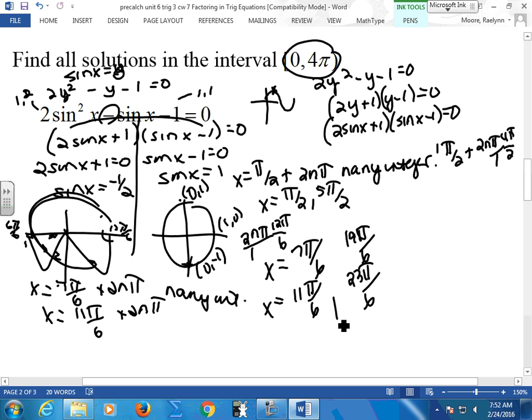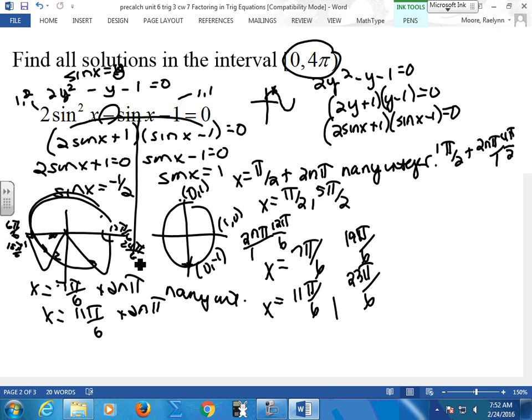Because we need to go from 0 to 4 pi. Now, could I do this without that? Sure I could. If this is 0, this is 6, this is 12, what is this guy over here? 18 pi. What is this guy over here? 24 pi. So can I do 1 more is 19, 1 less is 23? If I'm only going from 0 to 4 pi, make life however easy you see it.